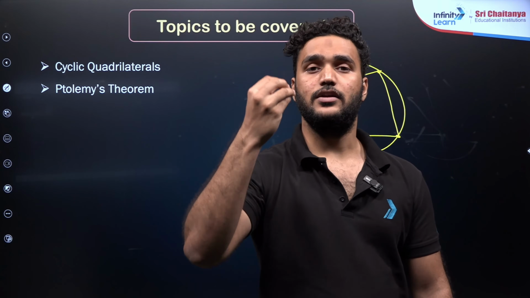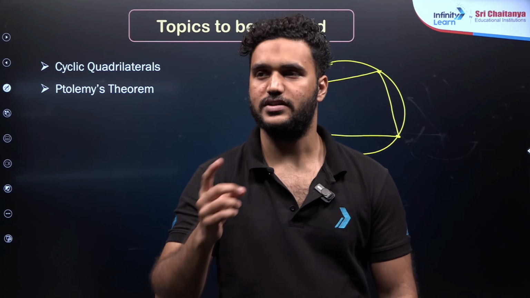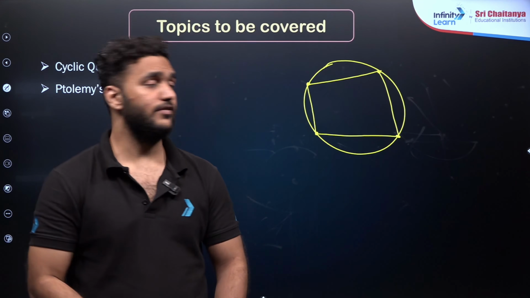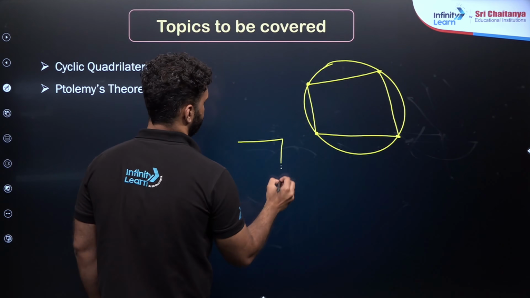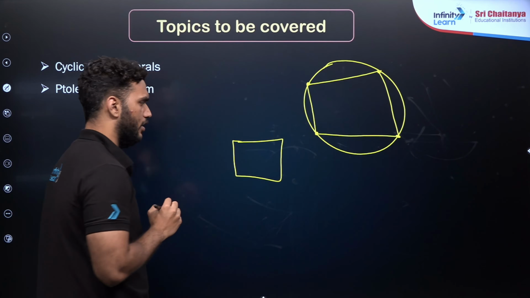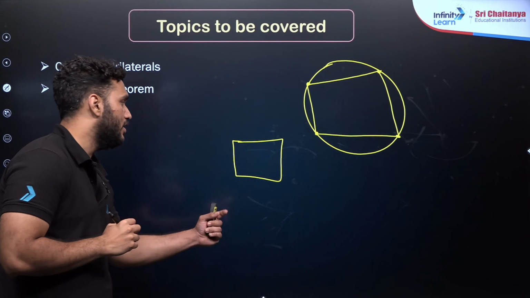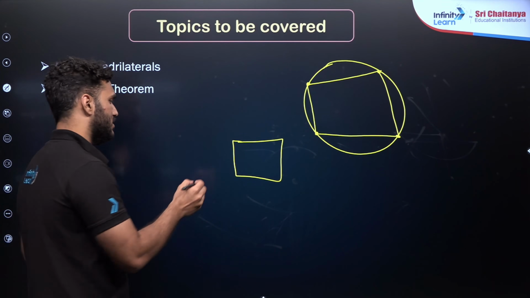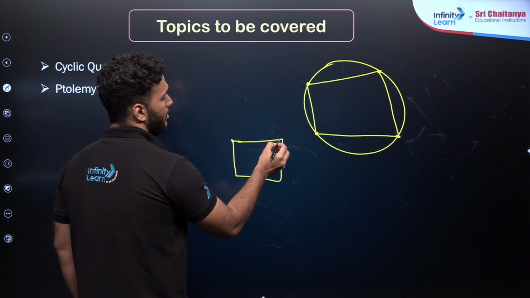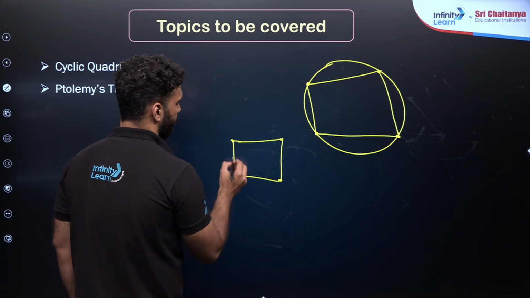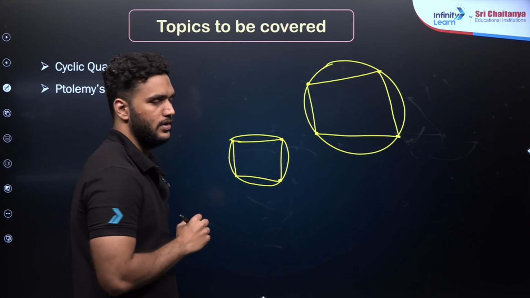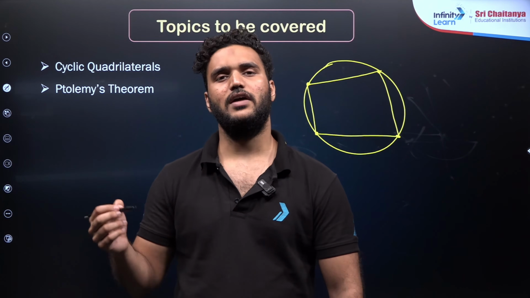But for 4 points, there is no guarantee. But if I give you a quadrilateral and tell you that this quadrilateral is a cyclic quadrilateral, then you can easily say that there should be a circle passing through the vertices of this quadrilateral. It is not true for every quadrilateral. This is true for only cyclic quadrilaterals.